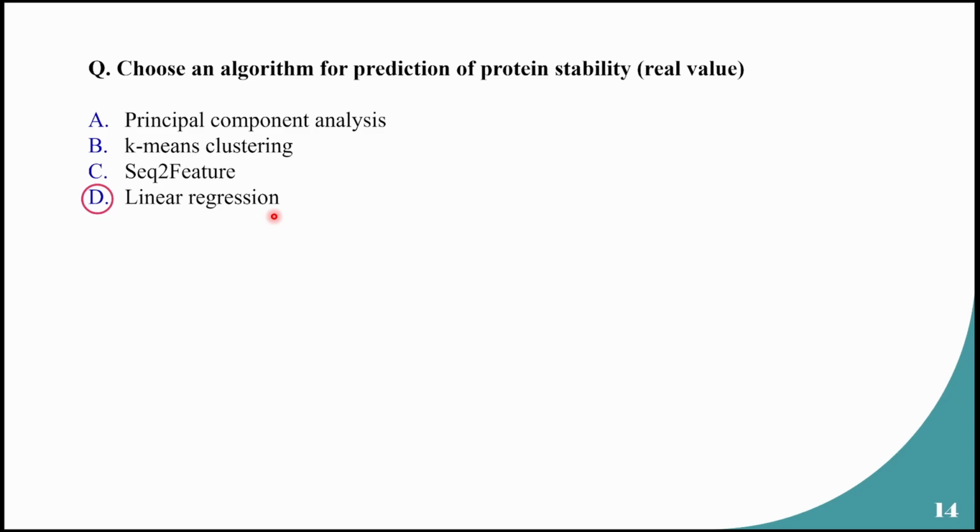For example, your molecular weight, your long range order, contact order, the number of alpha helices, the number of beta sheets present in this particular protein. So different structural features could be part of the independent variables, and based on that, you can build a model that will predict the protein stability, the dependent variable. So that is the linear regression part. Okay. So the proper option in this case would have been option D, linear regression, right?